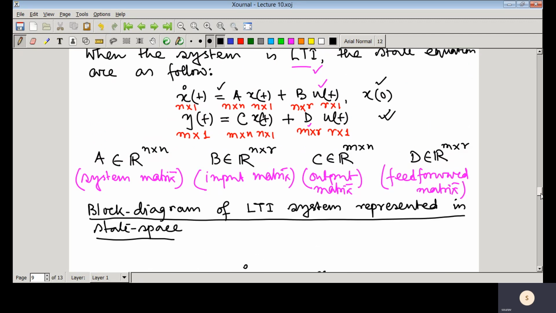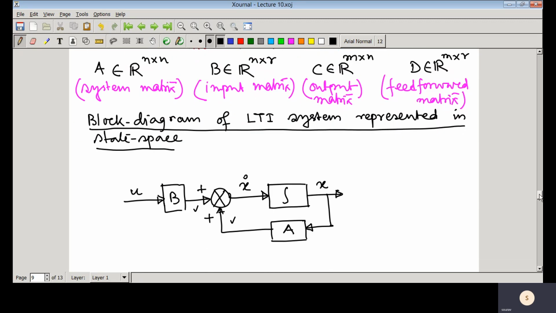And then go to that output equation. So in the output equation you can see that y(t) equal to Cx(t) plus Du(t). So that means here if you multiply the state vector with the matrix C, then you have that Cx, and there is a feed forward path.